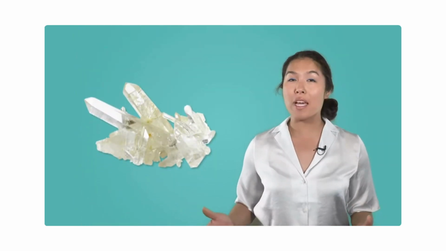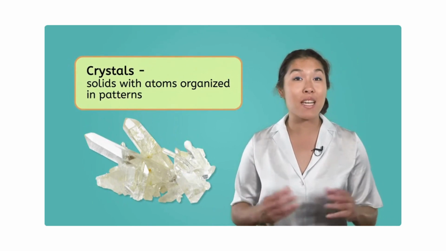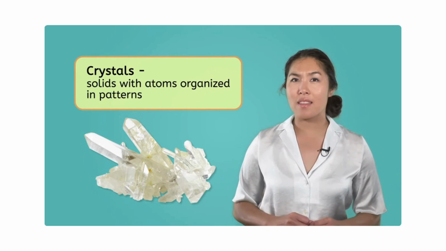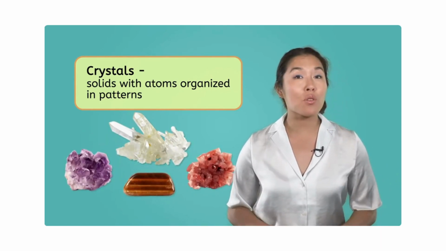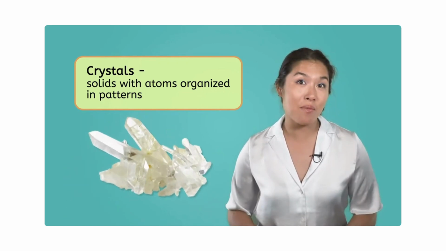Minerals can also make up crystals. Crystals are solids with atoms organized in patterns. Now, you might be thinking, wait, isn't that the same thing as a mineral? Well, minerals and crystals are closely related, but they aren't exactly the same thing.